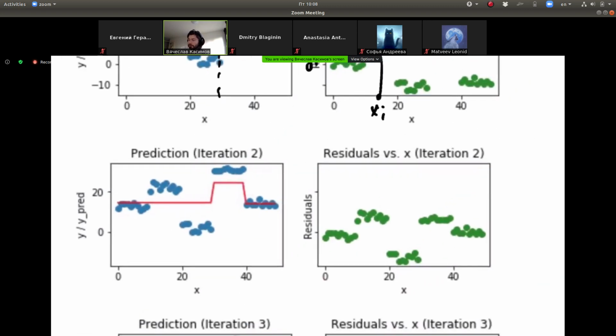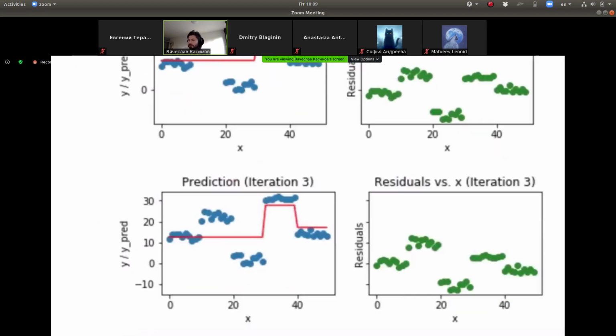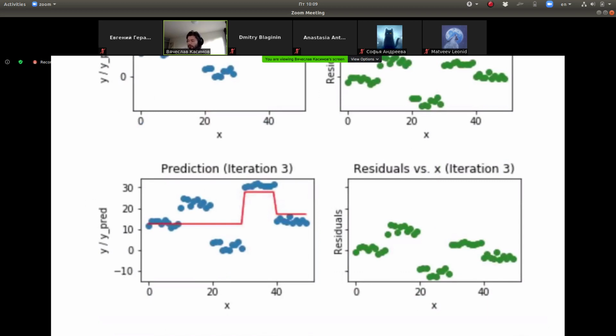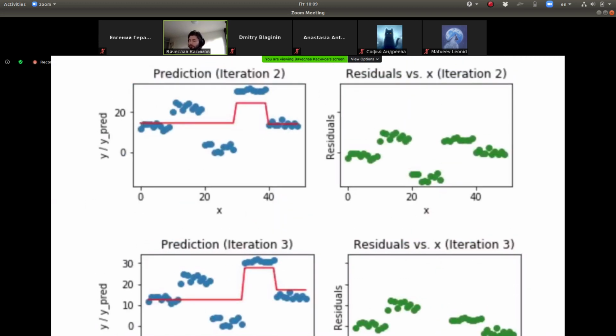So we can make iteration 2, and it's all the same. We see that where we have errors, we have a bump here, then we have a perfect fit here, and we estimate new residuals. And one more time.